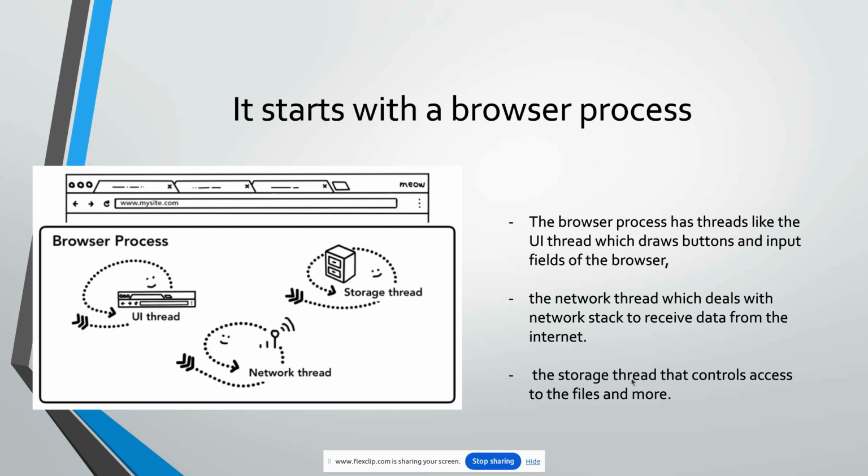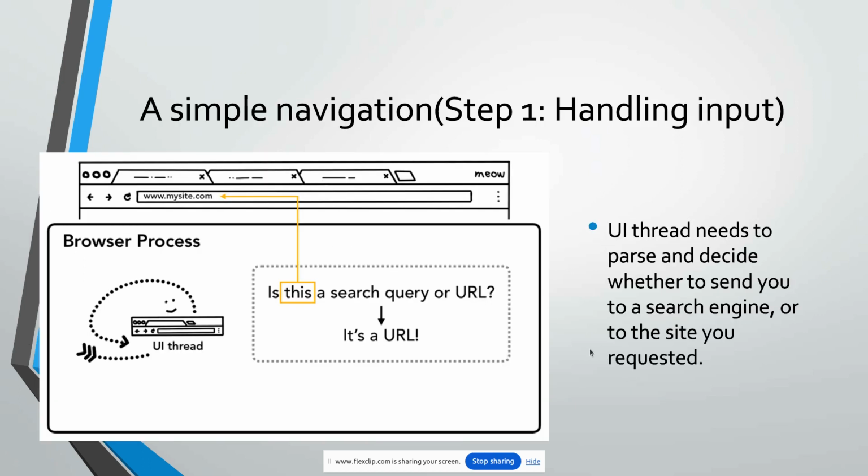And the storage thread controls access to the files. The first step is handling input. I think there are four or five steps if you look at a simple navigation. Like I just said, the UI thread needs to parse and decide whether to send you to a search engine or the site that you requested.